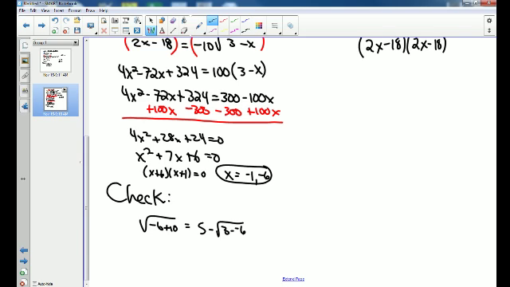So this is -6 plugged in. That's 4. The square root of 4 is 2. 5 minus the root of 9. 5 minus 3. Check, right? So they both work, actually. Yay! Sweet.